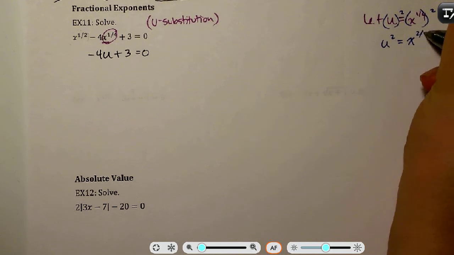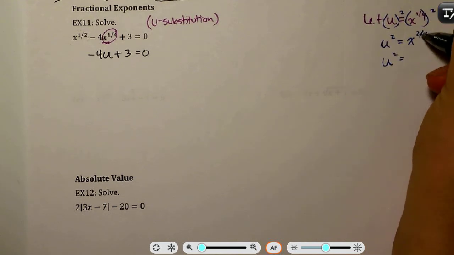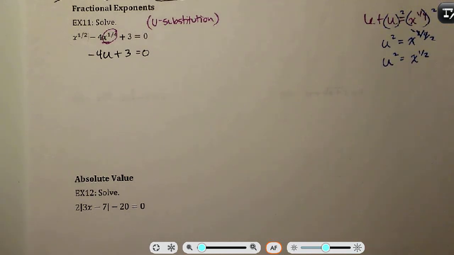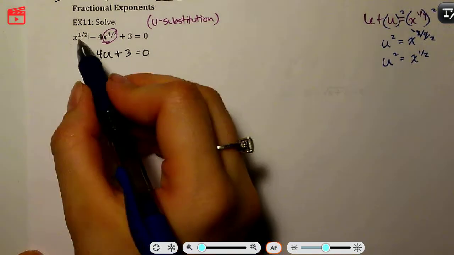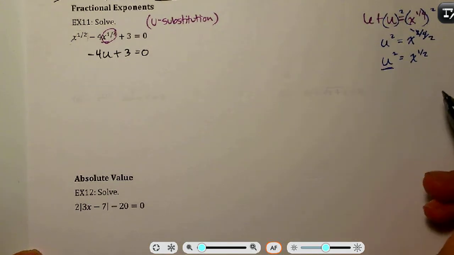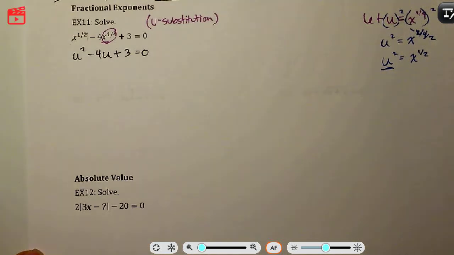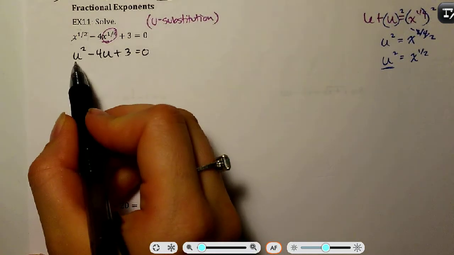It's going to be x to the 2 over 4, which means u squared equals, well, if I simplify 2 over 4, that's a fourth, right? Yeah, that's a fourth. So a half. So x to the half, we can take that out and replace it with u squared. So there we go, u squared.